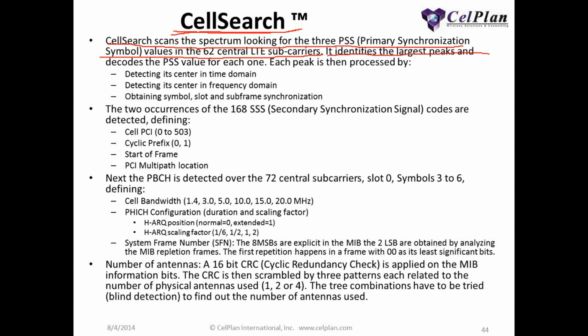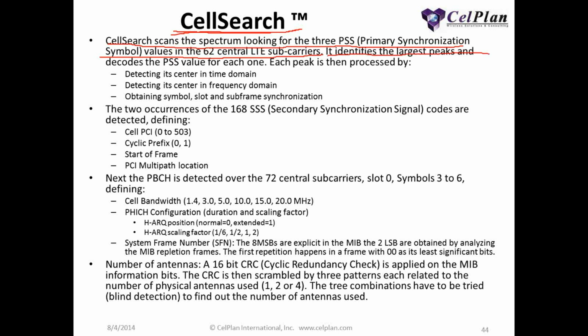Next step is to look for 2 occurrences of the secondary synchronization signal codes. And there are 168 different codes. So we have to look for all of them and see which one we detect for every single PSS that we found. So if you found 3 PSSs, or 3 PSSs repeated 3, 4, 5 times each, we need to go to each one of those locations and try to decode the SSS.